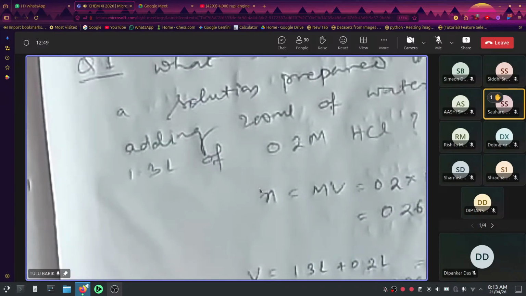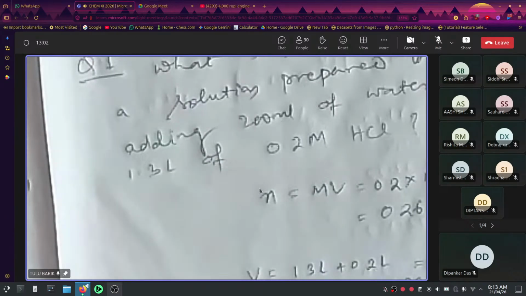How much you got? 0.173. Okay, 0.173. And what is the unit? Mention the unit, sir, please. Moles per liter. Mole per liter or mole liter inverse. Okay.